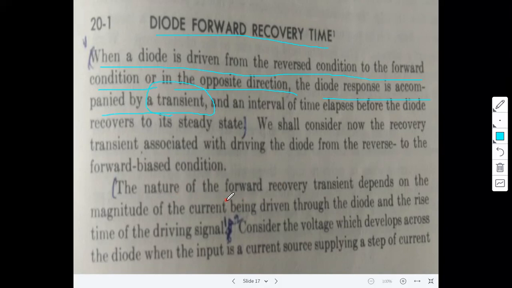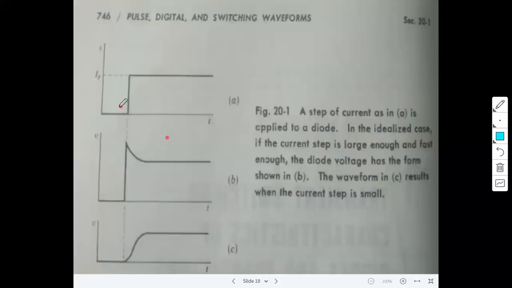Coming to the forward recovery time, the forward recovery transient mainly depends upon the magnitude of current being driven to the diode and the rise time of the driving signal, right? Now this is the current.